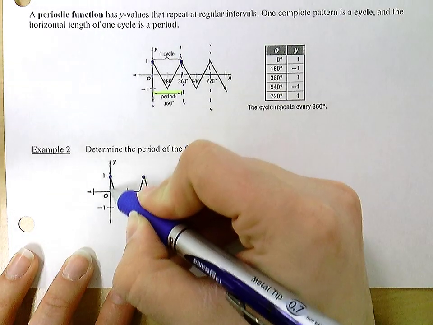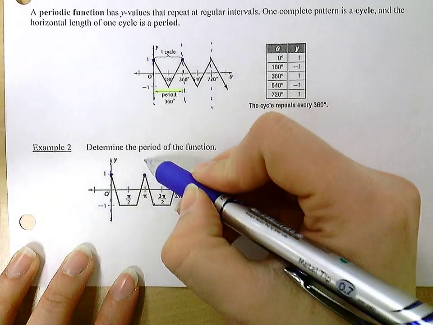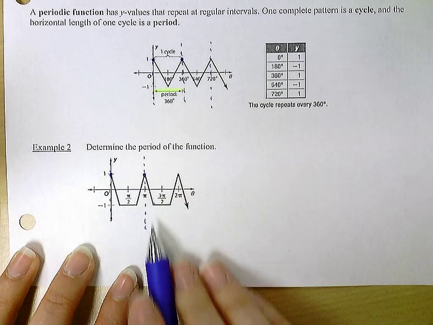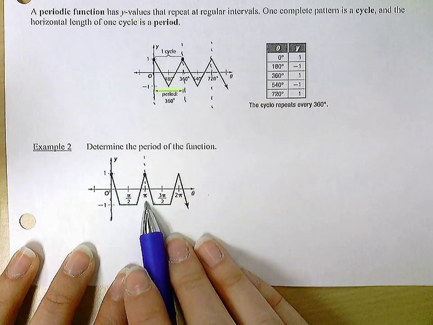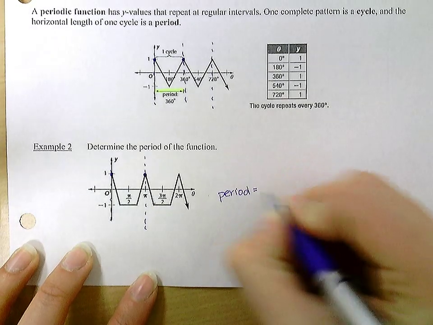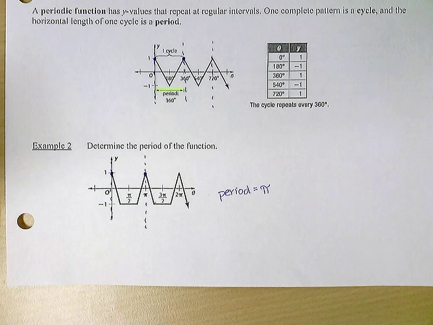If I start at the y-axis, it starts repeating when I hit this point right here. So the period is going to be pi. Again, you're just looking to see where it repeats itself. How long is that horizontal length where it repeats itself? Okay, questions on example 2?